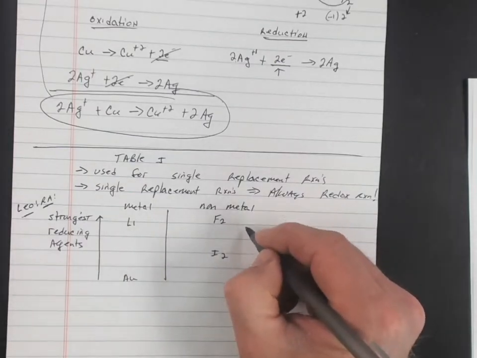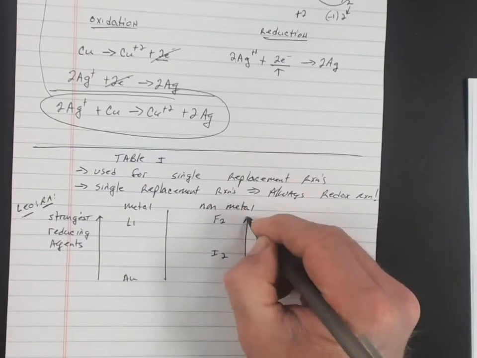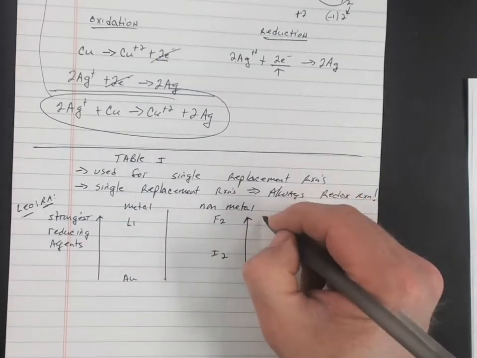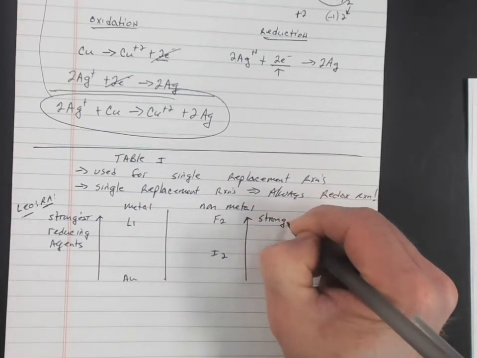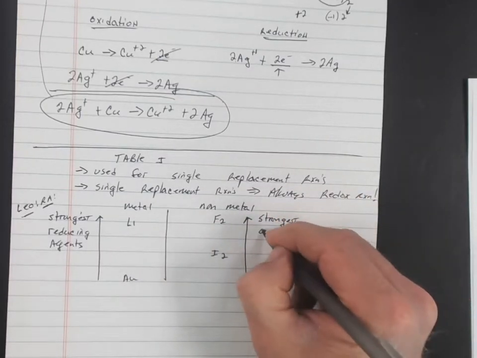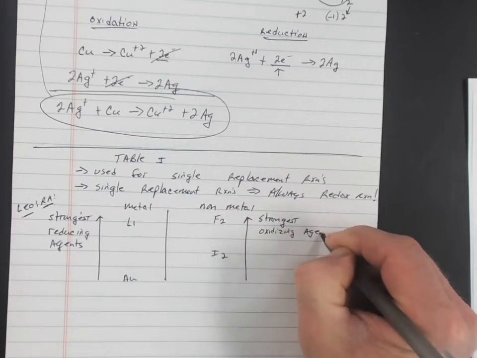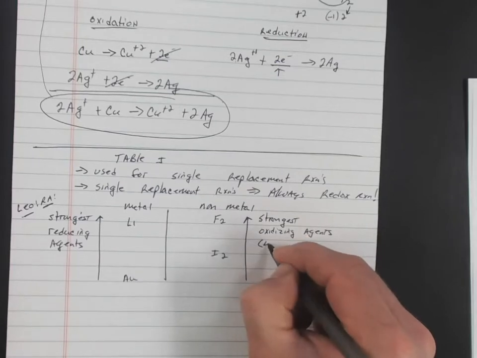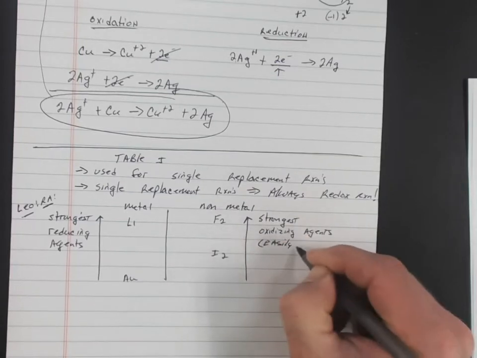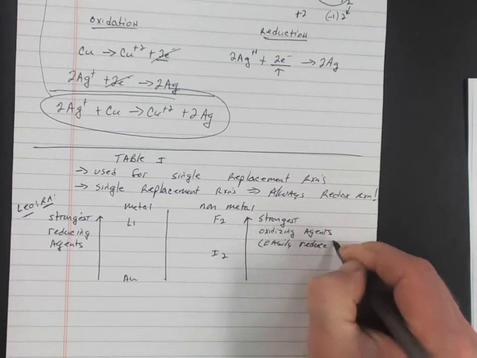But over here on the nonmetal side, it changes gears a little bit. These are, for your nonmetals, your strongest oxidizing agents. And what that means is they are easily reduced.